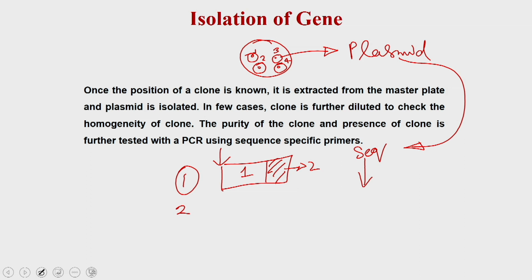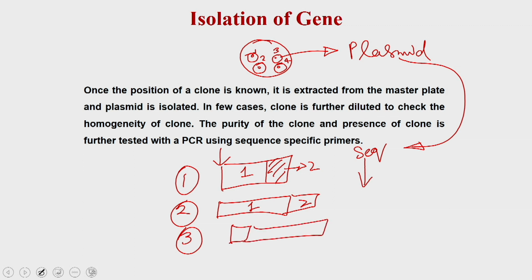Now, for clone number 2, you have the full 1 and a small portion of 2. For clone number 3, you may have a small 1 and small 2, and for clone number 4, you may have both 1 and 2.